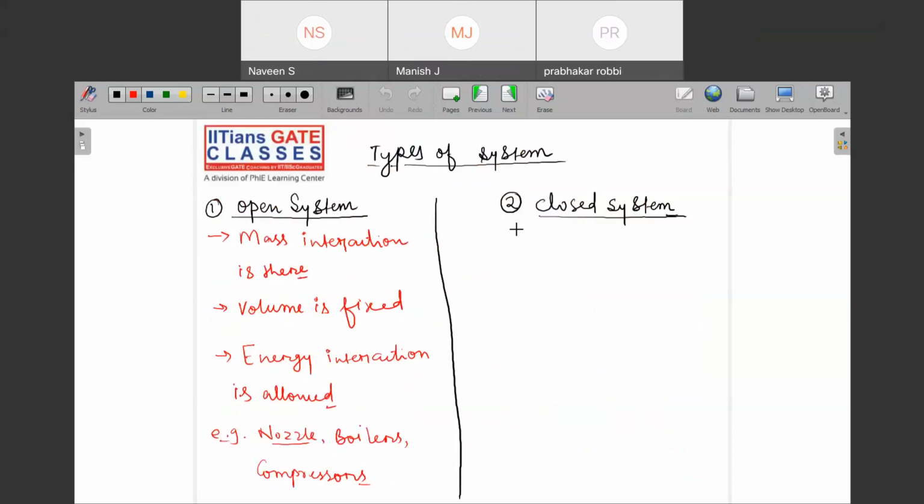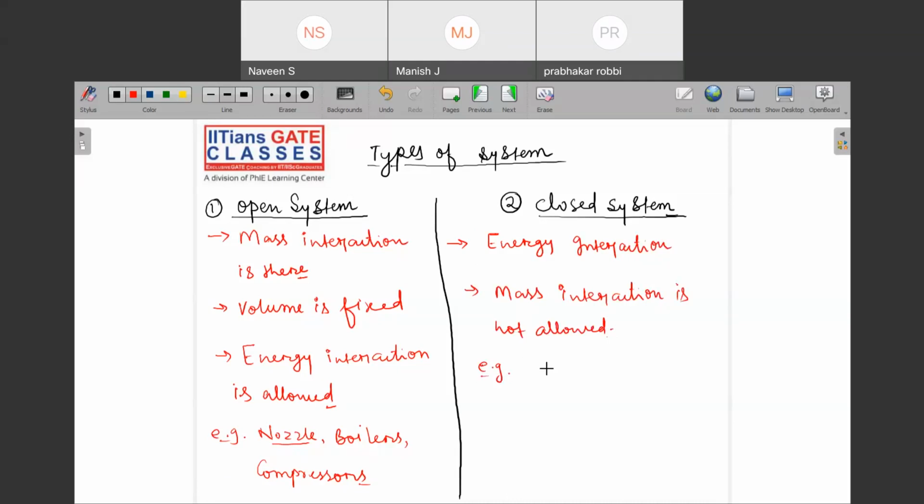Okay, and let us come to closed system. So in the closed system, what will happen? There will be energy interaction, we have seen already. So there will be energy interaction, and then there will be mass interaction. No, mass interaction is not allowed now. So mass interaction is not allowed. Okay, and what are the examples?